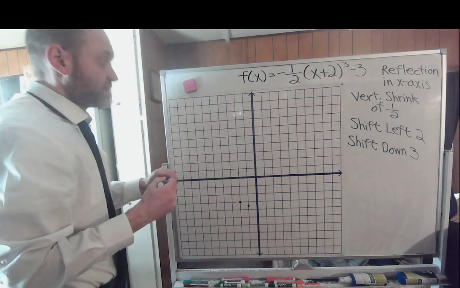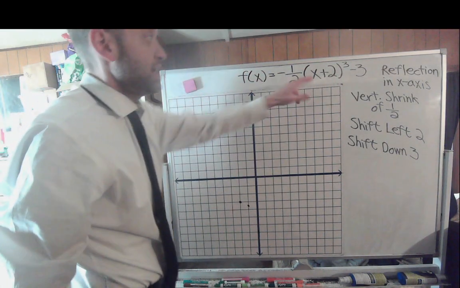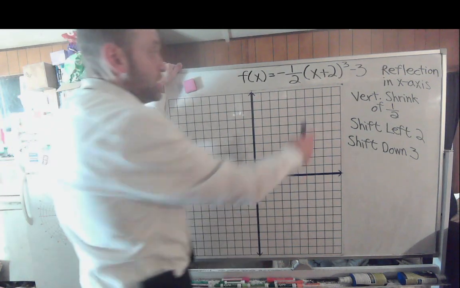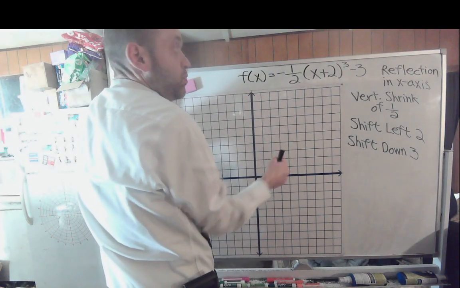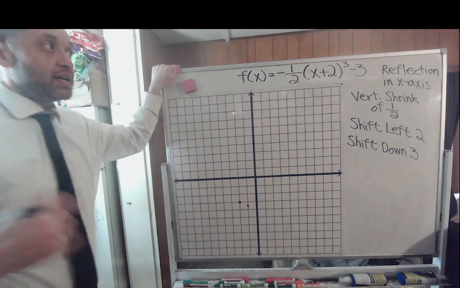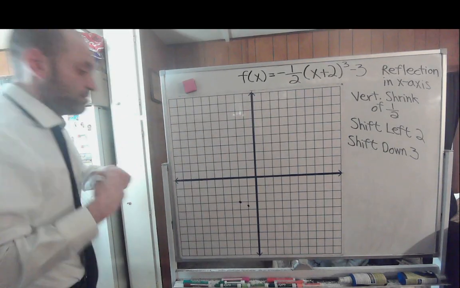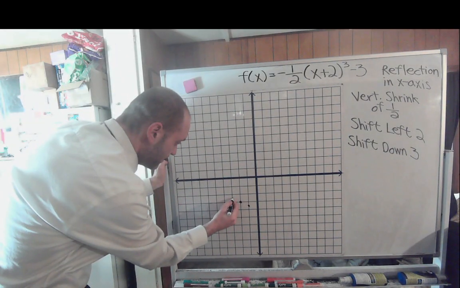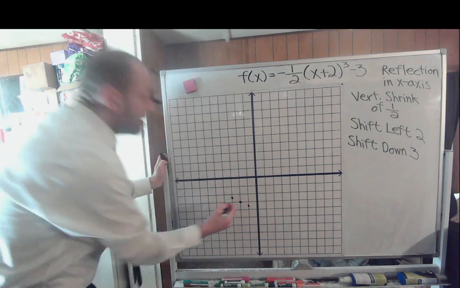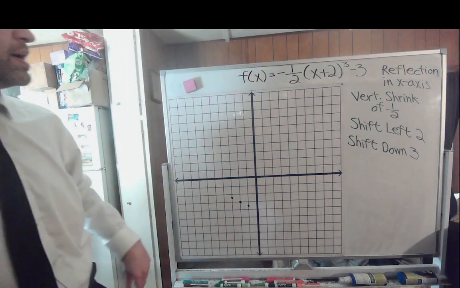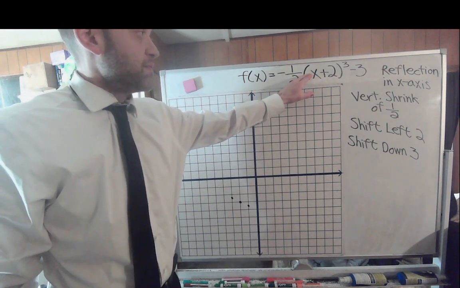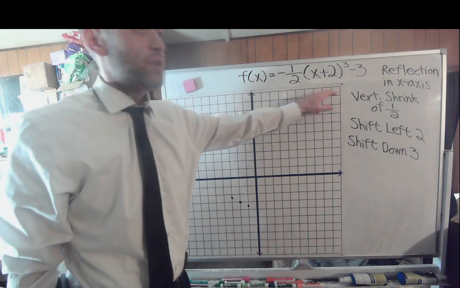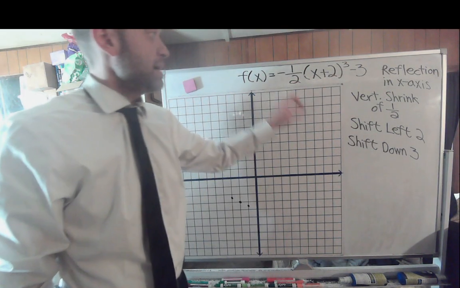Alright, now let's go to the left of negative 2. When x is negative 3, you would end up getting negative 1 to the third, which is negative 1 times negative 1/2. That's positive 1/2 minus 3. That'd be negative 2.5 for your y value. Now what about when x is negative 4? Okay, well, negative 4 plus 2 is negative 2 raised to the third is negative 8 times negative 1/2.